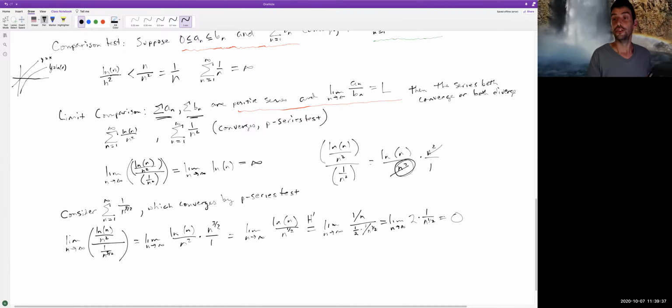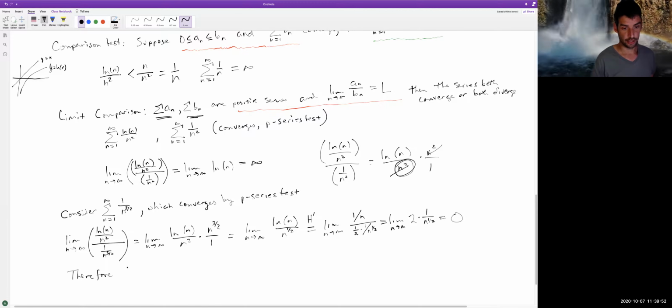Sorry about that. So the conclusion is if they have a finite limit, then they both converge or they both diverge. Well, they have a finite limit. We already know that one of them converges by the p-series test. So therefore, the series the natural log of n over n squared converges.